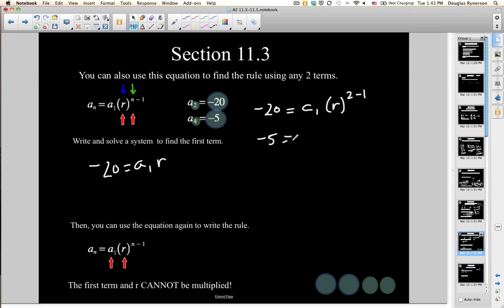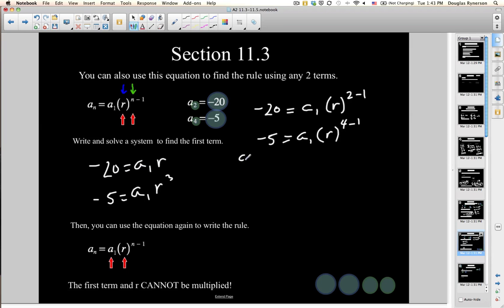Negative 5 is equal to a sub 1 times r to the 4 minus 1 power. The 4 minus 1 will be 3, so if I have negative 5 is equal to a sub 1 times r cubed. Now if I solve and substitute, in this case I'm going to solve for a sub 1.